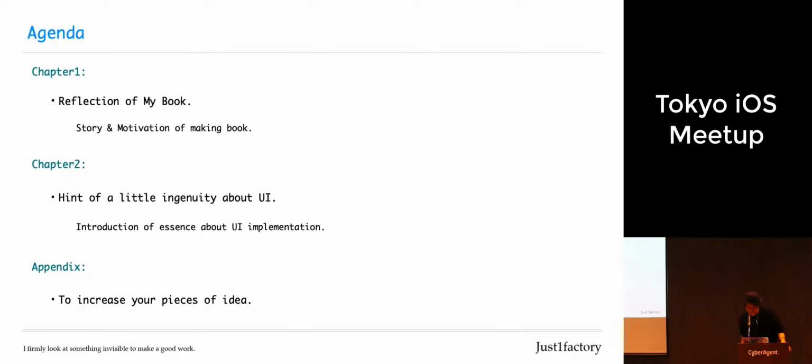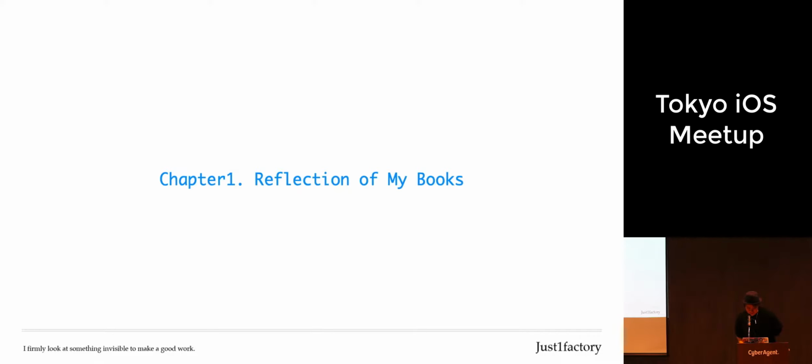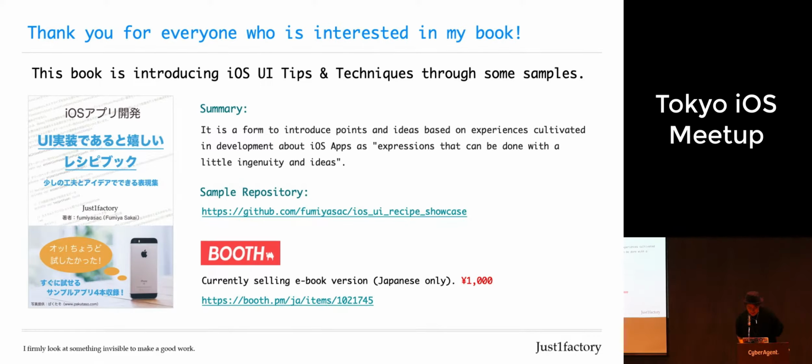Chapter 2, Hint of a little ingenuity about user interface, an introduction of the essence of UI implementations. And an appendix, to increase your pieces of ideas. Let's start. Chapter 1, Reflection of my books.